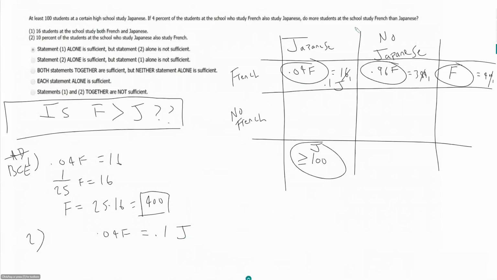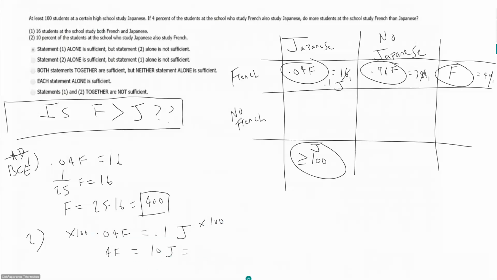So do I have more students at my school studying French or Japanese? Well, let's get one in terms of the other. I can multiply each side of my equation by 100 to get 4F is equal to 10J.